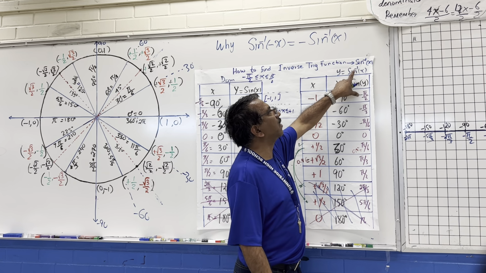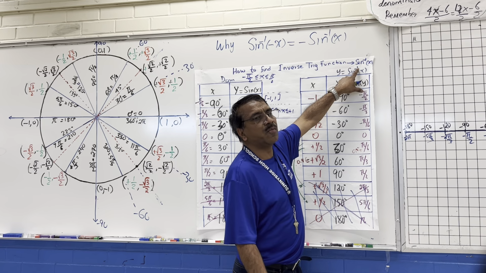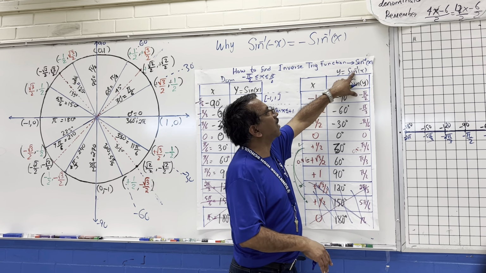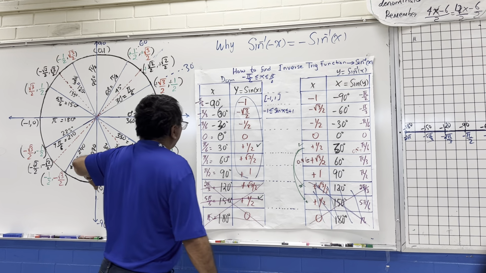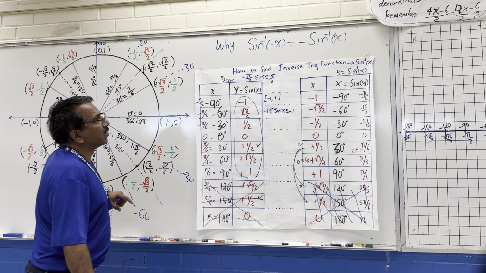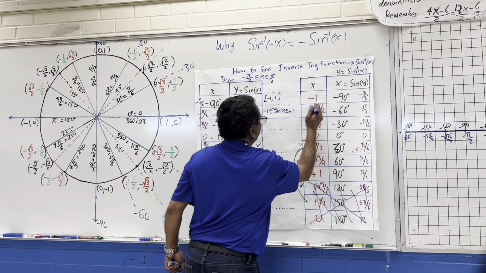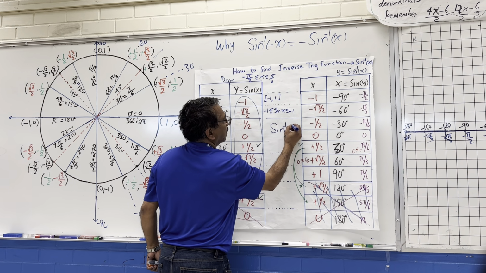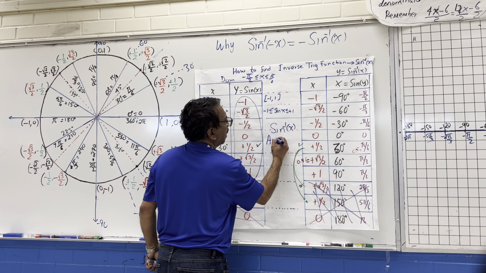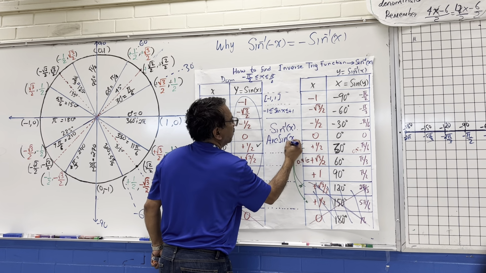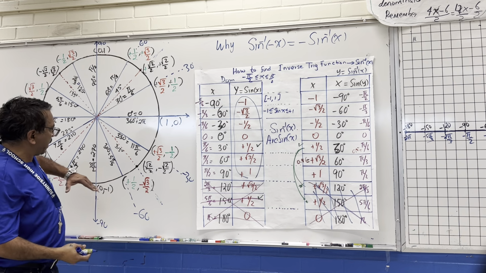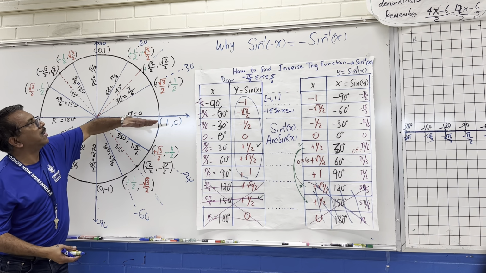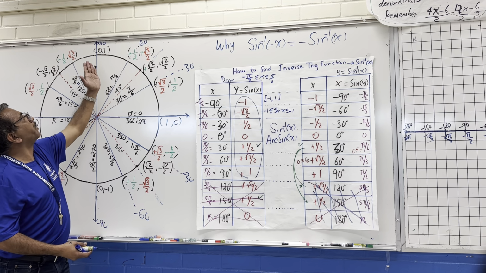We've seen why it is sine raised to minus 1. This minus 1 is not an exponent with a value; it only means you are going backwards. Instead of sine inverse of x, you can also write arc sine of x, because you are using from negative 90, going to negative 60, negative 30, 0, 30, 60, and 90.